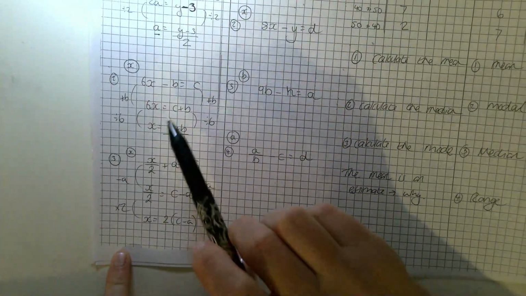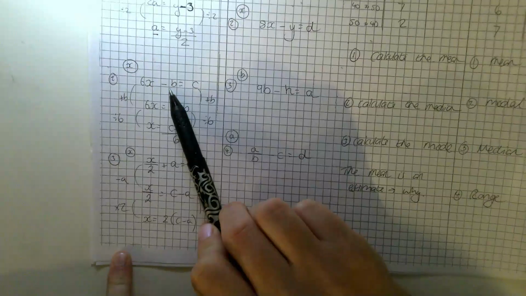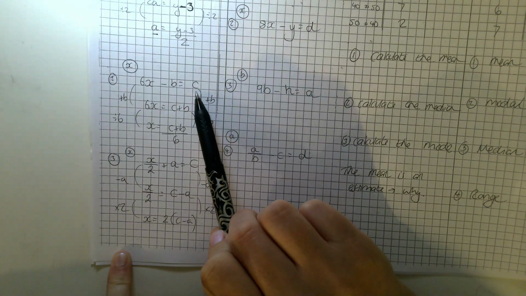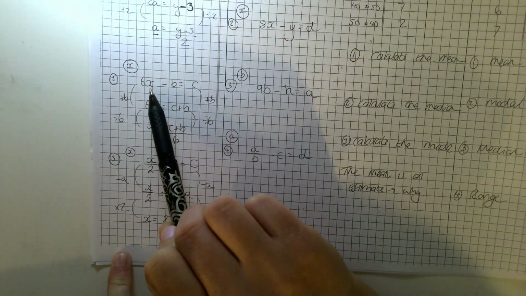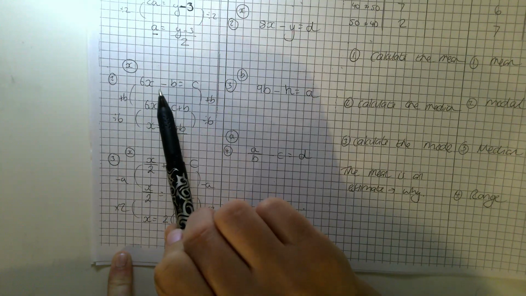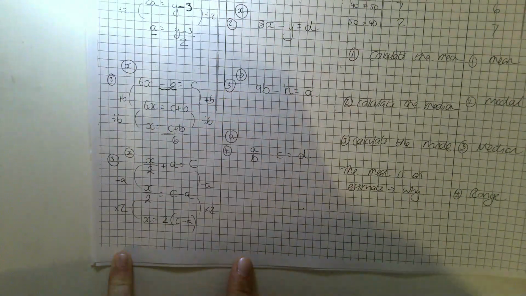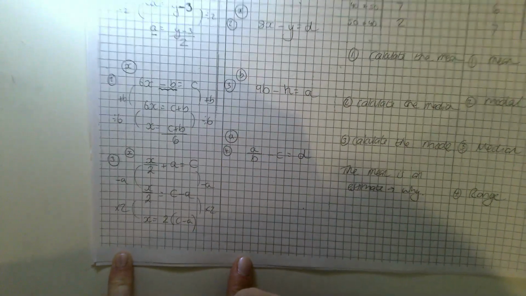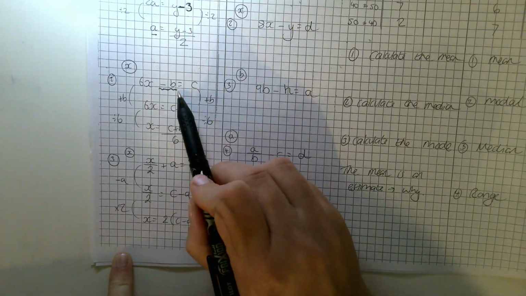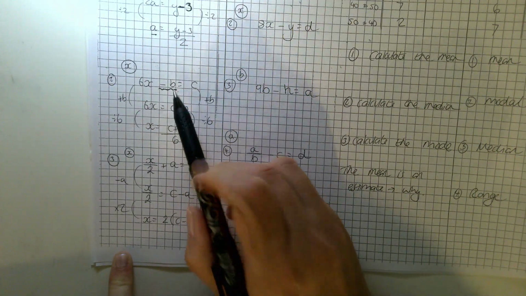For number 2, 6x minus b equals c. You want to get x on its own. So start by removing this letter here that's on its own that we don't want on this side. It's a minus b, so you're going to add b.